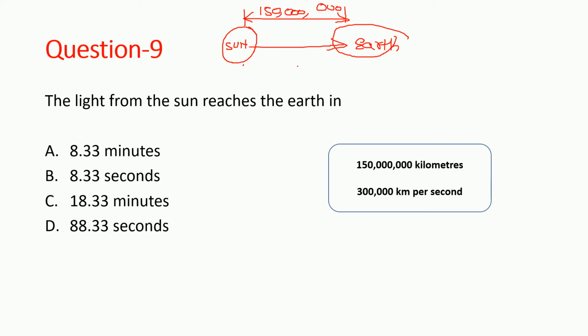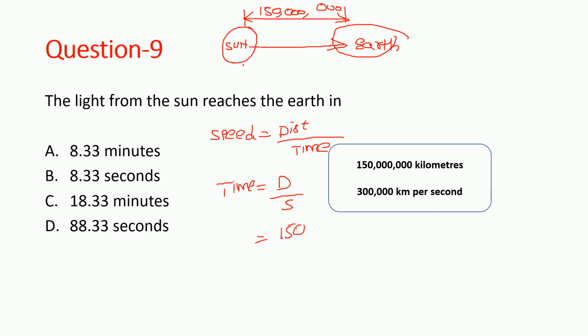So here we have one calculation. Speed equals distance by time. Then we need to calculate how long the light takes to reach the earth, so they are asking about time. Time equals distance by speed.